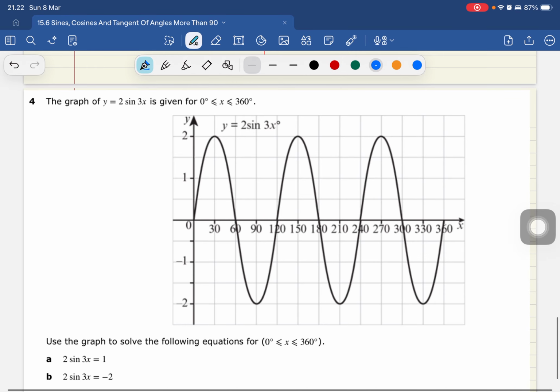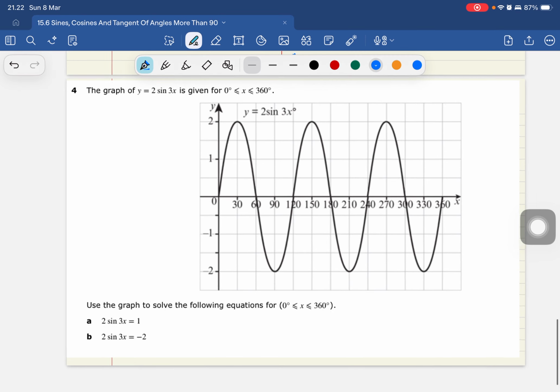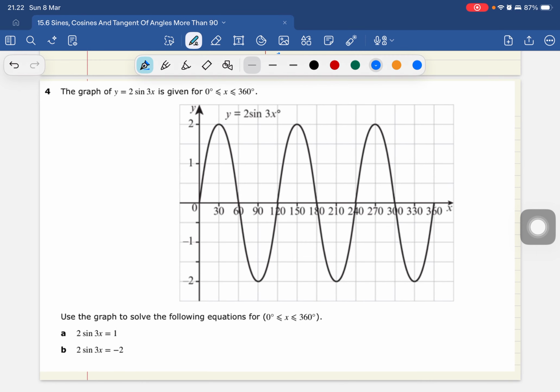Okay, the question provided the graph of y equal to 2 sin 3x from 0 to 360. We will use the graph, equal to 1. So make a straight line of 1. Here it is, all the answers.